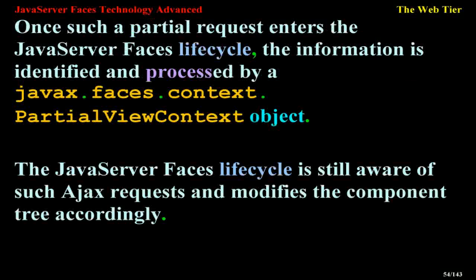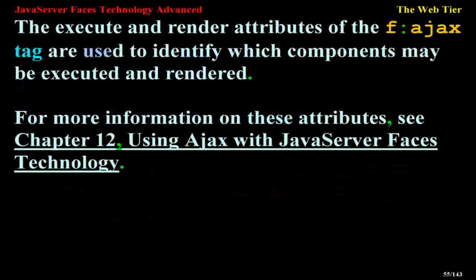The JavaServer Faces lifecycle is still aware of such Ajax requests and modifies the component tree accordingly. The execute and render attributes of the Ajax tag are used to identify which components may be executed and rendered. For more information on these attributes, see Chapter 12, Using Ajax with JavaServer Faces Technology.